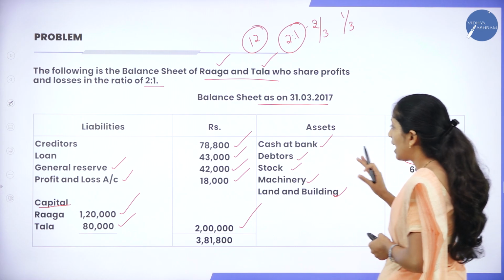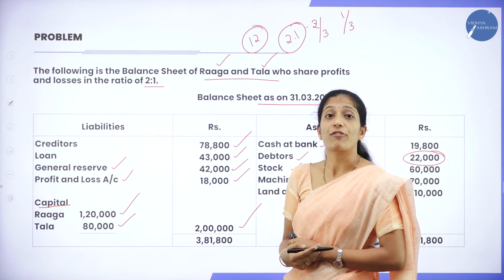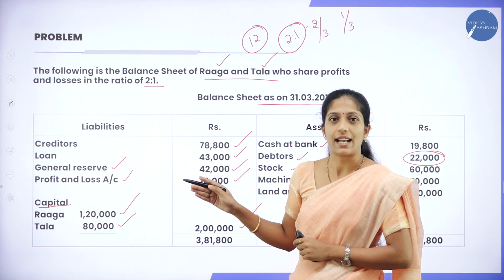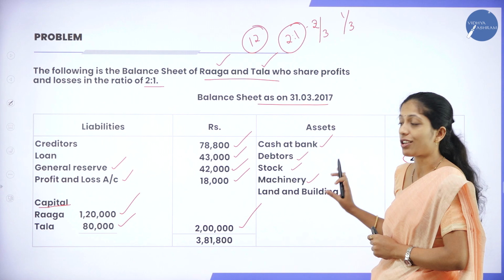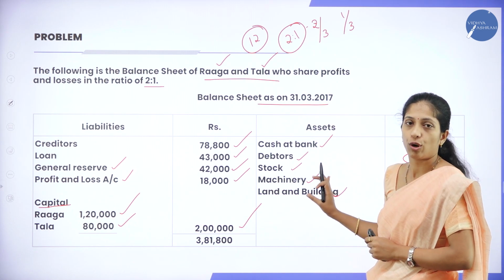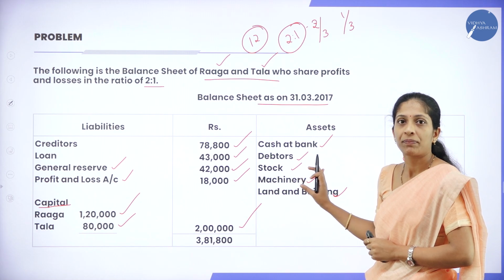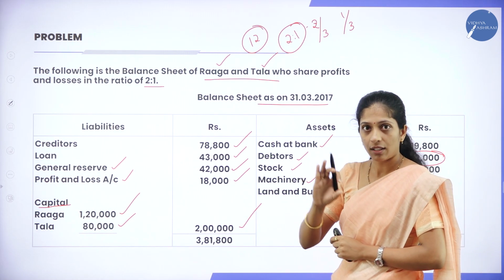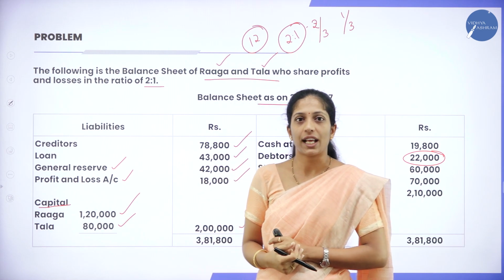Now come to the asset side. Most of the time reserve, fund as well as profit and loss account will be on the liability side. But make sure that you see both sides, because sometimes the profit and loss account will be on the asset side also. If it is there on the asset side, it means it is a loss. So we have to see the whole balance sheet.